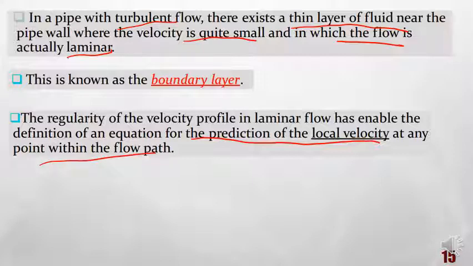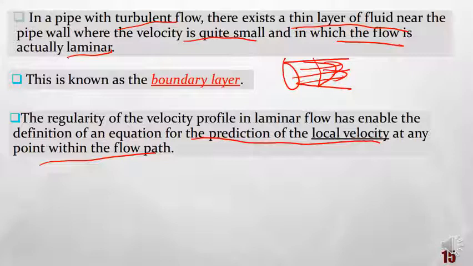Remember that when there is a velocity profile in the pipe, the size or the condition of the pipe, or the flow inside the pipe, may influence the velocity profile.